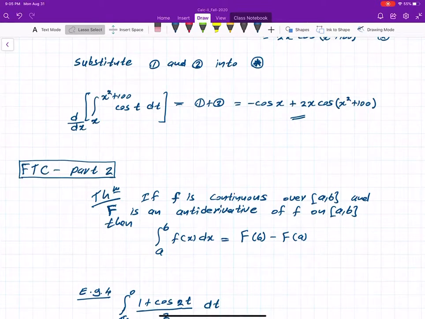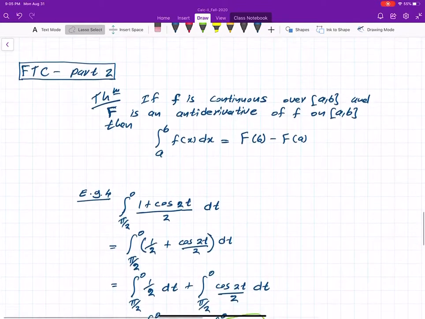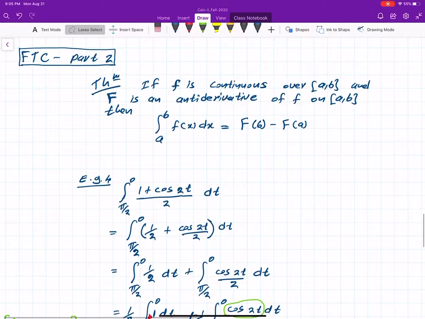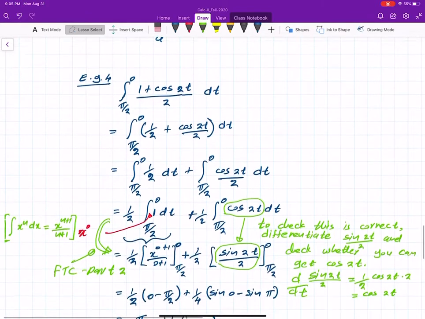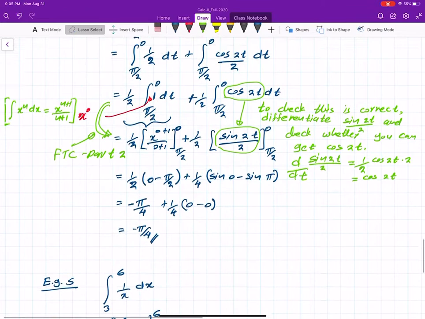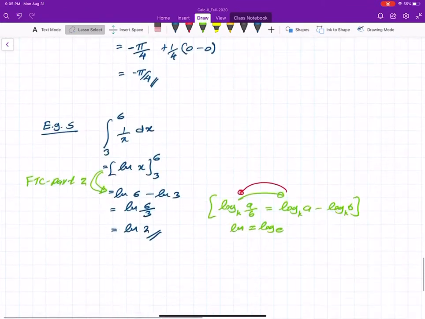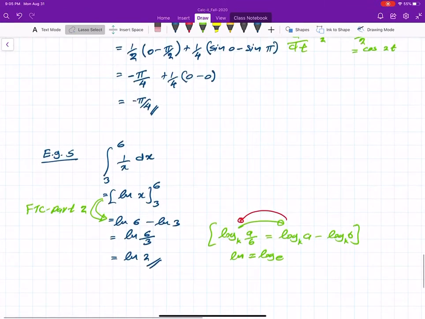Part 2 is something you already know. It explains that you just get the integration of the function and then apply the upper limit and the lower limit. That will give you the solution. Here we discussed 2 problems, example number 4 and example number 5. So this is the end of the section. Thank you very much.